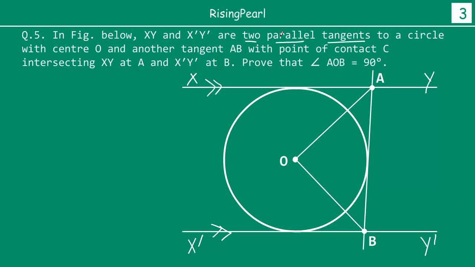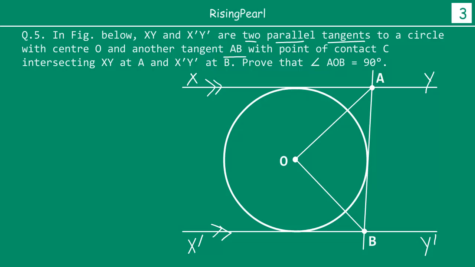In addition to that, AB is another tangent to the same circle at point C, intersecting XY at A and X'Y' at B. Prove that angle AOB is 90 degrees.